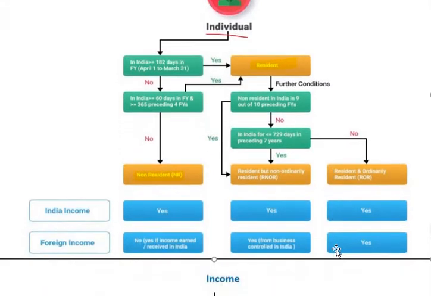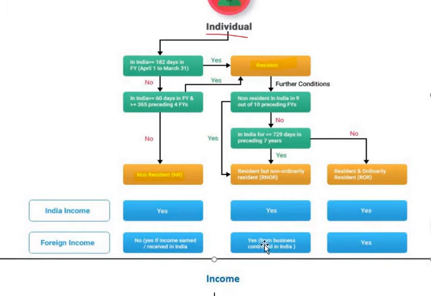So let us understand how the income generated shall be taxed in these three categories. If the income is an Indian income, then in all the three categories it will be taxed in India, that is resident and ordinarily resident, not ordinarily resident, as well as non-resident. All the three cases will be taxed in India. Coming to foreign income, it shall be taxed fully in the case of resident and ordinarily resident.